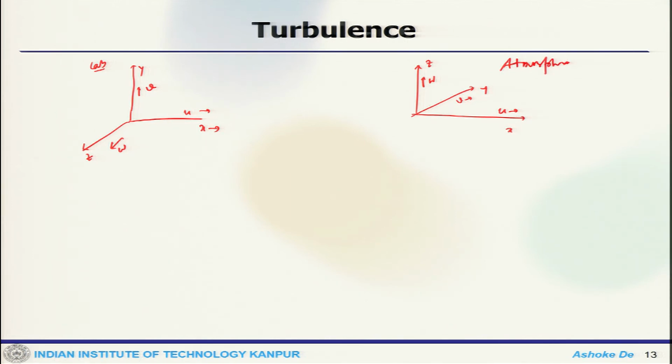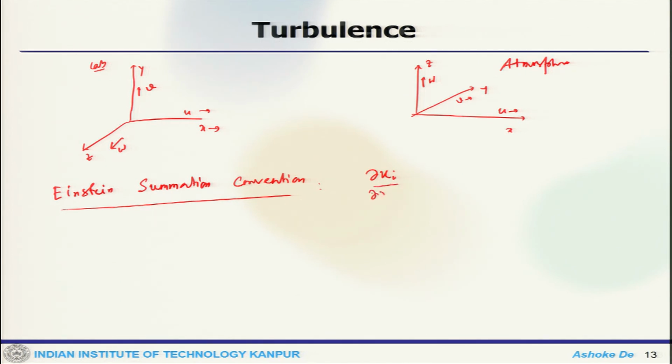Now, there is the Einstein summation convention, which will essentially make it, in terms of index notation, one can write U2 by x2, x3.